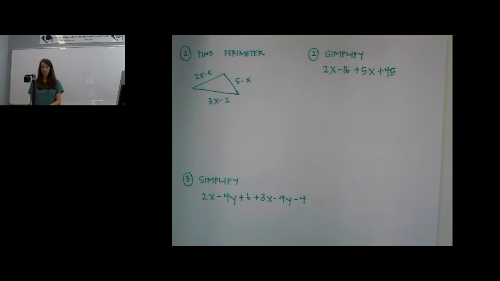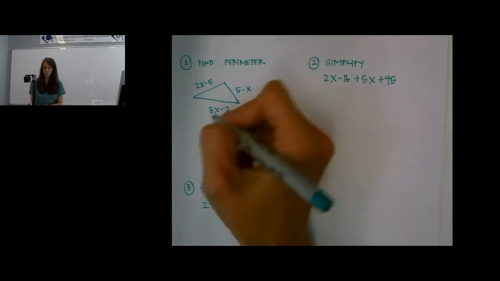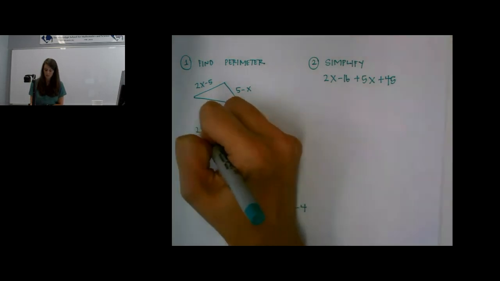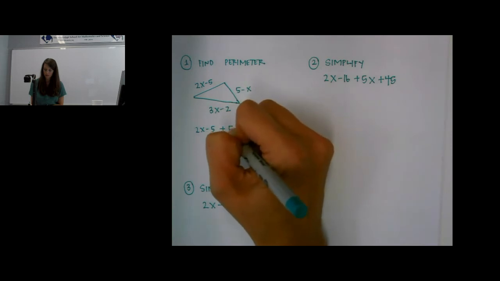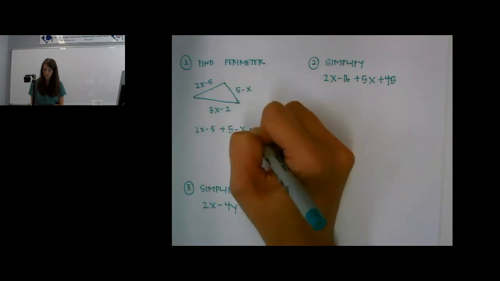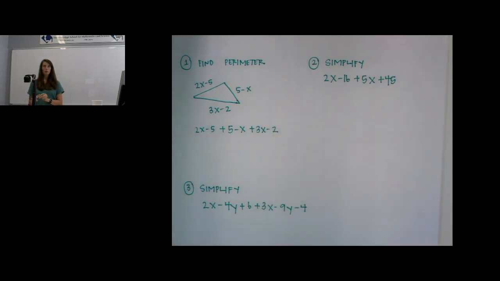Okay, perimeter is the distance around an object. So the distance around this triangle is going to be all the sides added together. So I'm going to say 2x minus 5 plus 5 minus x plus 3x minus 2. I'm going to combine my like terms.